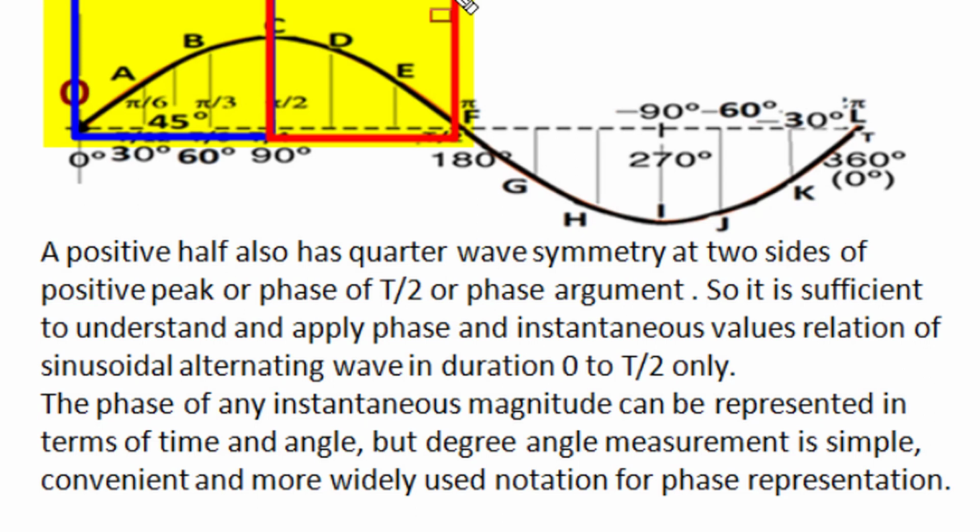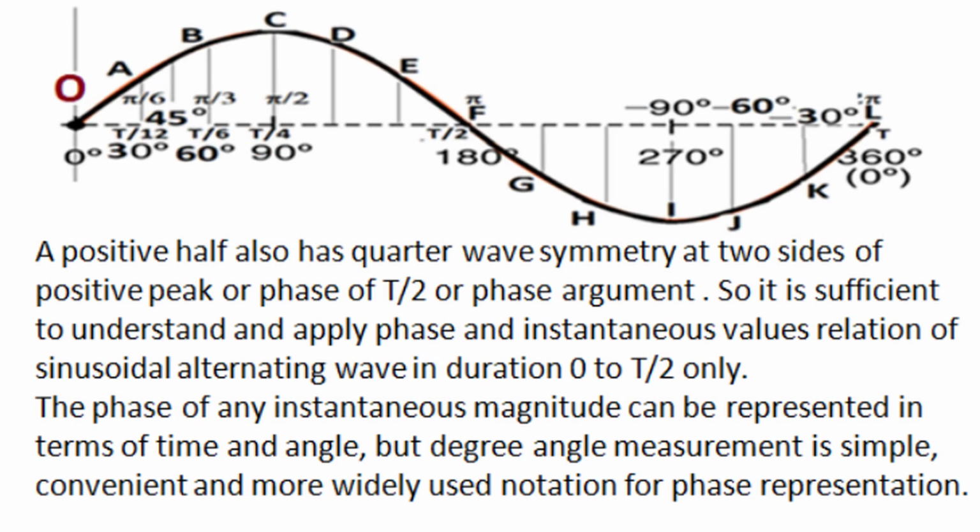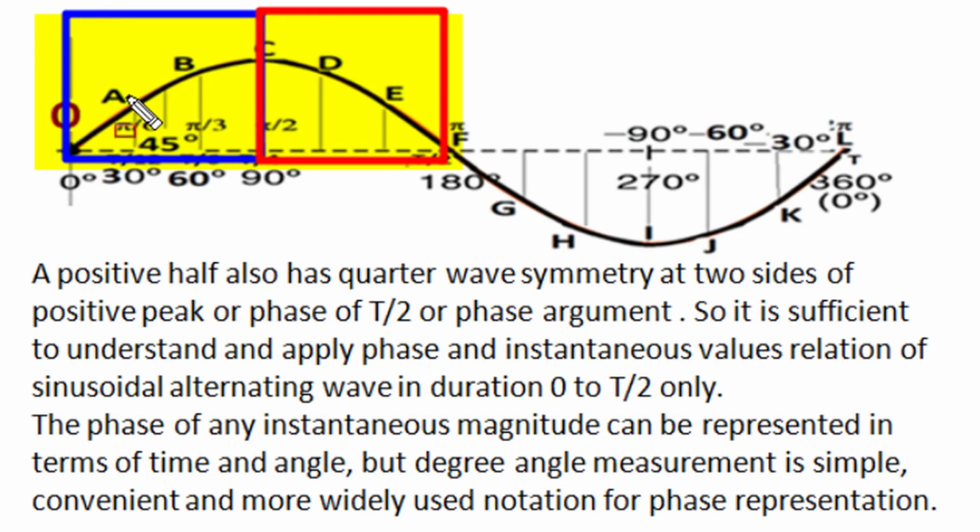And in positive half cycle, the first quarter from 0 to 90 degrees is symmetrical to second quarter, that is between 90 to 180, and positive half cycle is symmetrical to negative half cycle. So if one understands this 0 to 90 degree duration in detail, then he could use that approach to other parts of this sinusoidal wave perfectly.